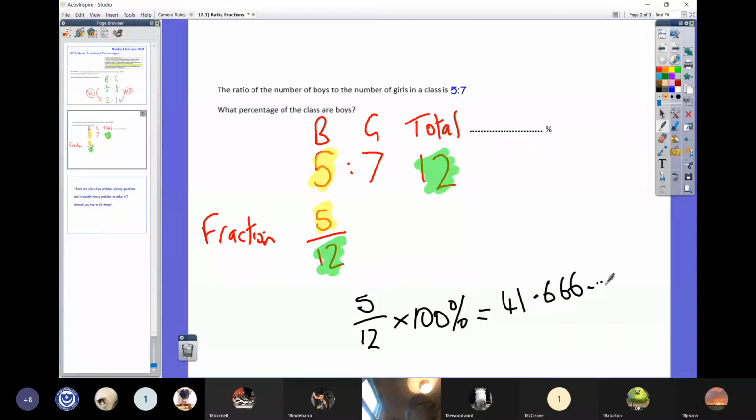Read the question, it might go and say to 1 decimal place or something, so it could be 41.7%. So those are the first two types of question.